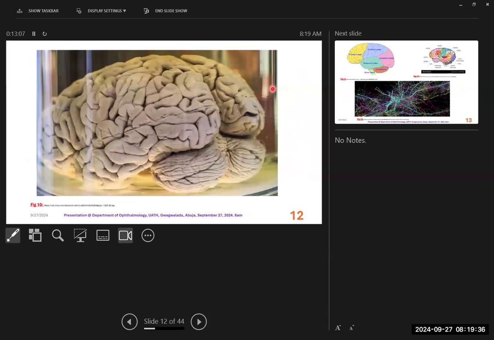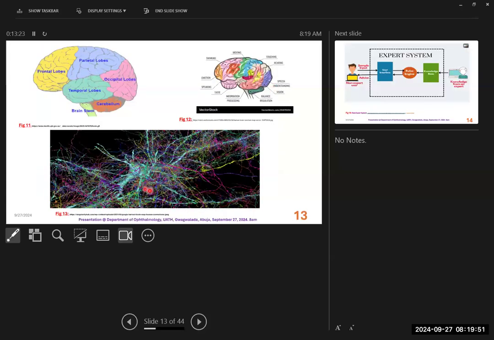Then this is the brain. When you do mapping of the brain, I will show you in the next slide, you will see it is like that neural network we have just seen. Something like this, this mapping of the brain.